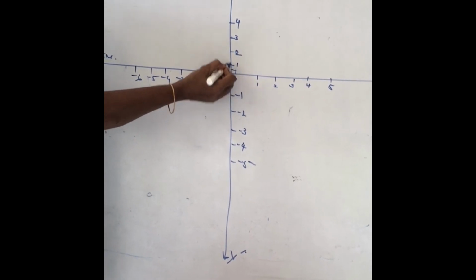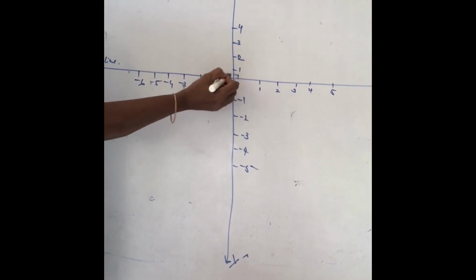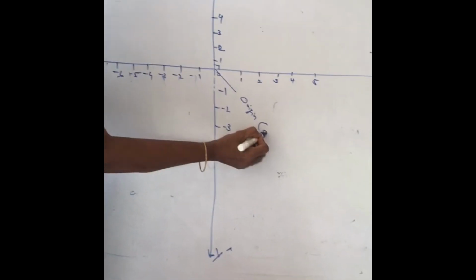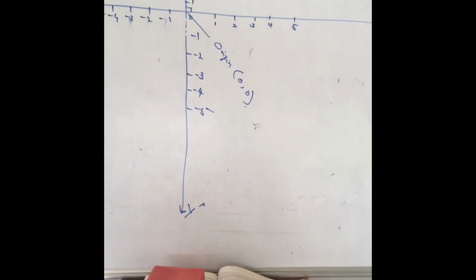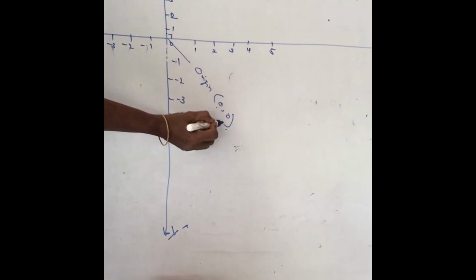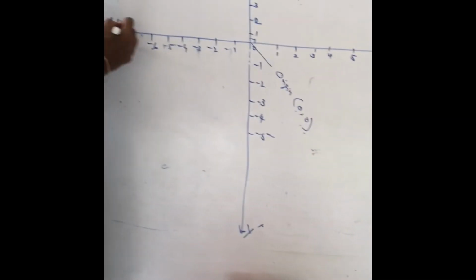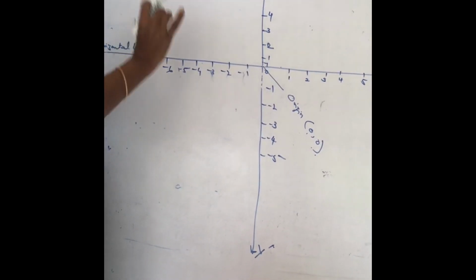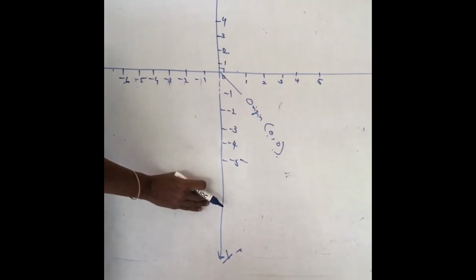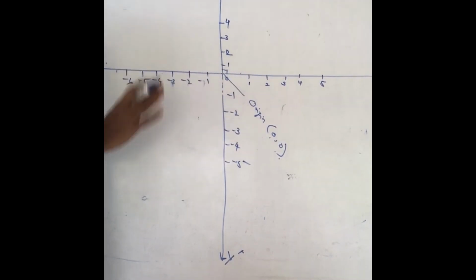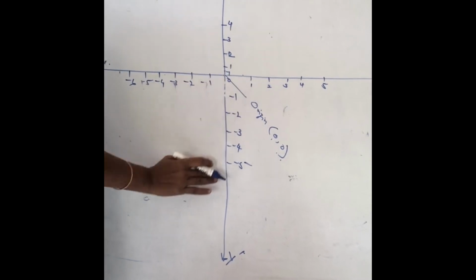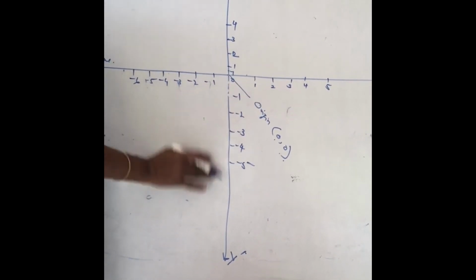The point where the x and y axis intersect is the origin, whose coordinates are (0, 0). That means x is equal to 0, y is equal to 0. On x-axis, y is always equal to 0, and on y-axis, x is equal to 0.